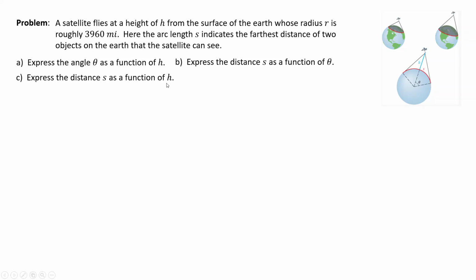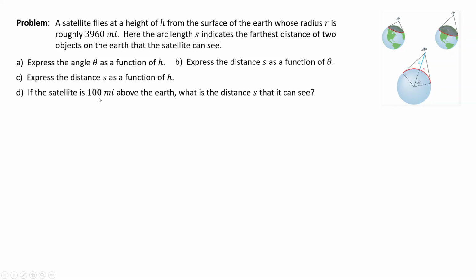What is it basically saying? If I fly at a certain height, what's the maximum distance I can see? Two cities, at what maximum distance can I see if I'm flying at a certain height? That's a very useful one. And in fact, they ask us to find some for specific cases.